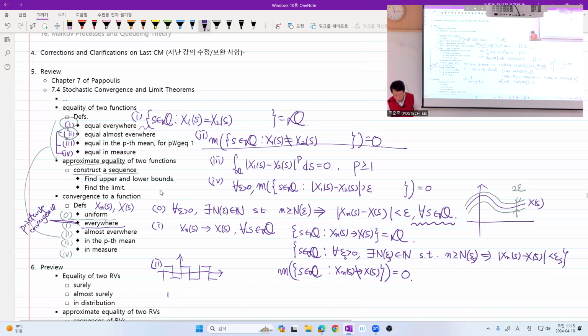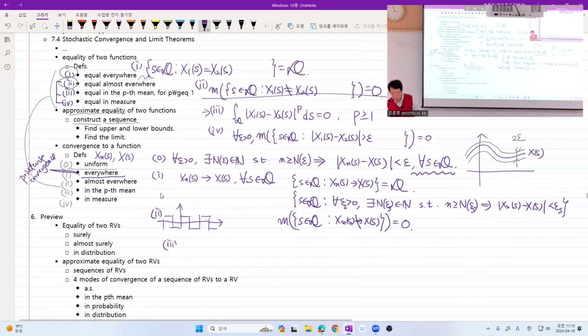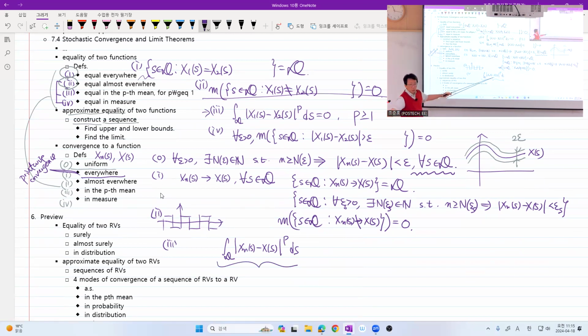Anyway, here goes the third one, convergence in the p-th mean. So we use something similar to this. We take the nth term of the sequence and calculate the absolute error and raise it to the power of p, and then we integrate. And what do we want? This value is, by the way, a scalar, real value, but it's parameterized by n. What do we have? We have a sequence of real numbers.